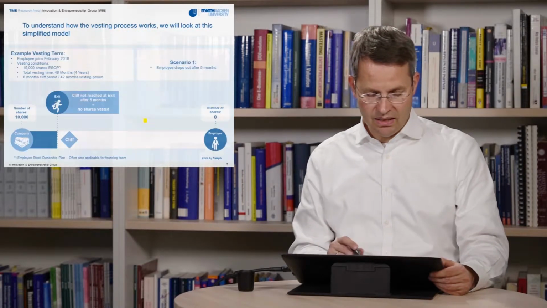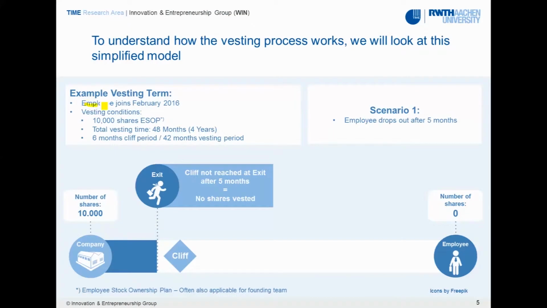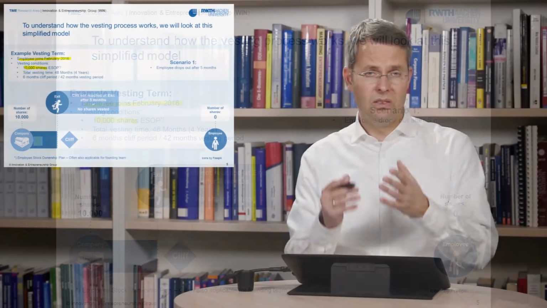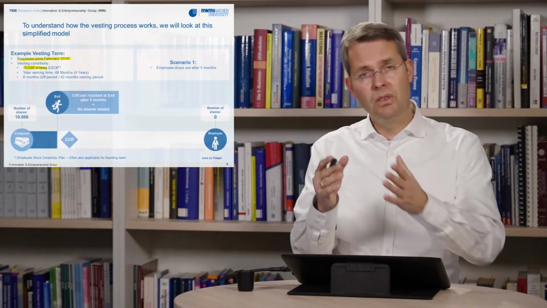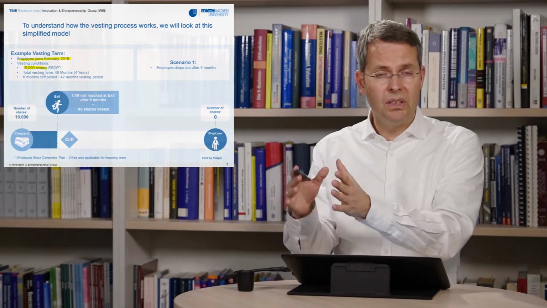Now, how does vesting work? Take an example. An employee joins the company you founded in February 2016. He gets 10,000 shares from an employee stock option program, ESOP. So you have a stock option program and you grant 10,000 shares to that specific employee.